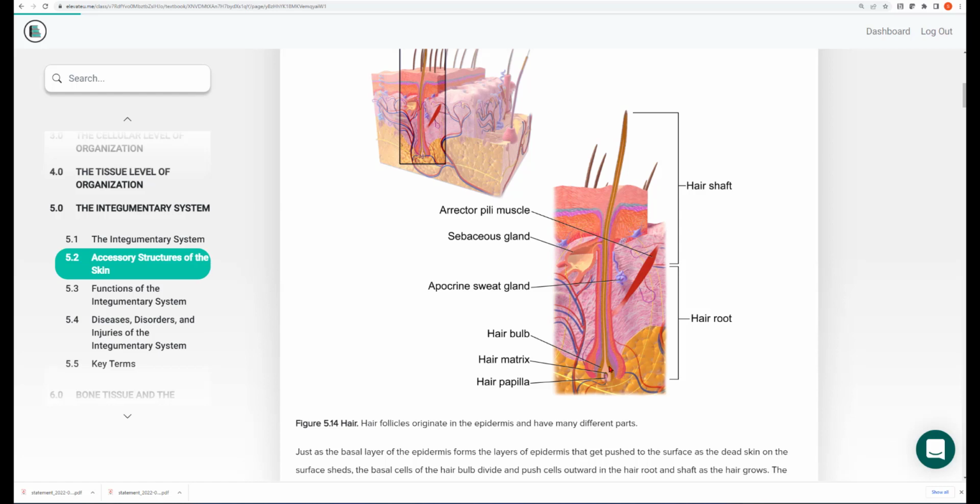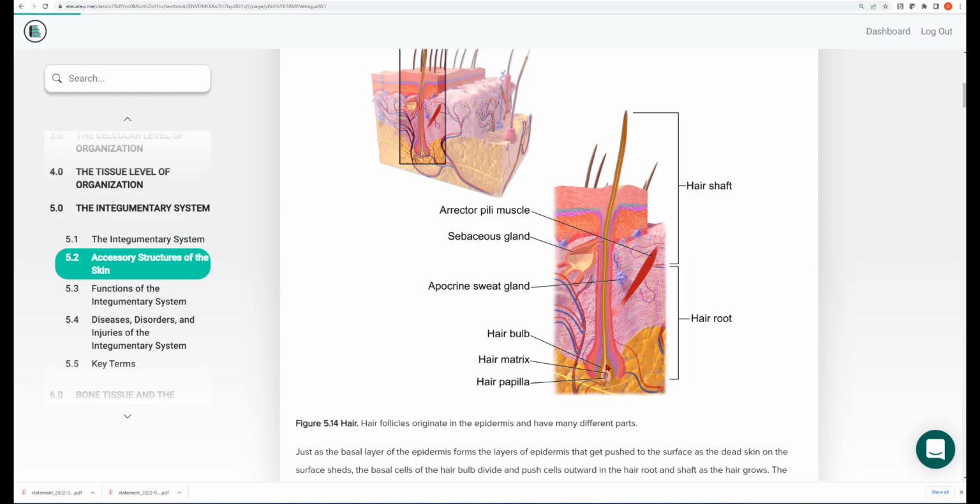Also, there are melanocytes down here in the base of the hair, in the papilla, that little nipple-shaped extension that goes up. Those melanocytes are what give your hair its color. Again, those melanocytes are different than the melanocytes in your skin, and they provide your hair color, which also is genetic.